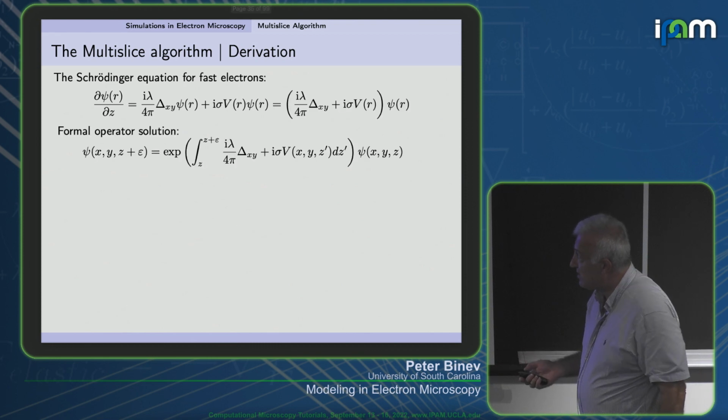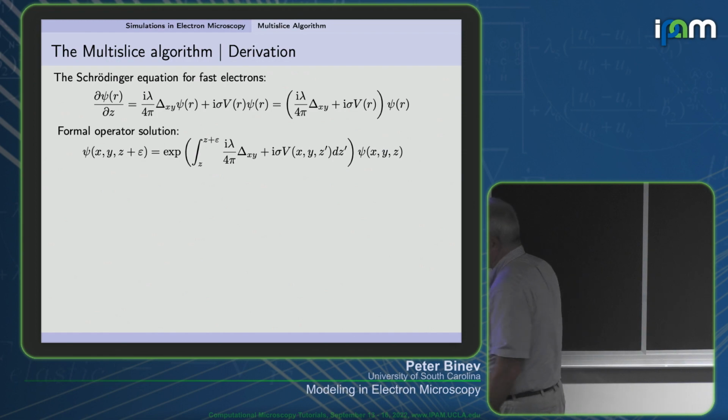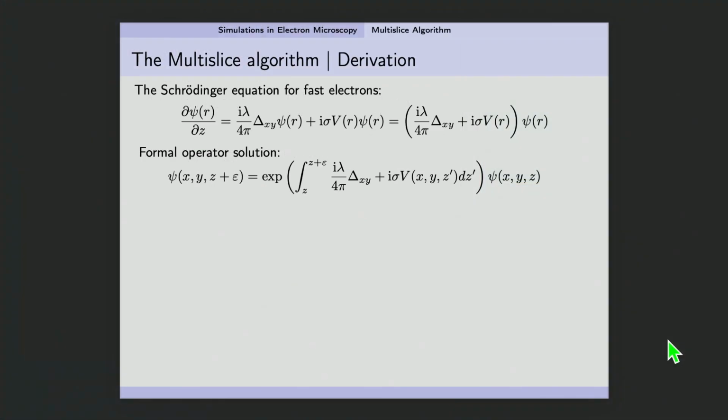This is a derivation of the problem. Actually, this is considered as an operator equation. The important thing is this delta here, which is an operator. So that means you're considering this as an operator. And then you have that simply psi of z plus epsilon could be expressed through z, a typical advancement in z.